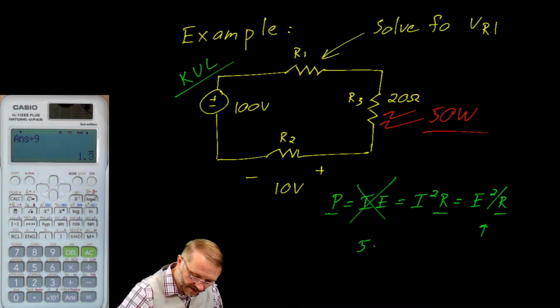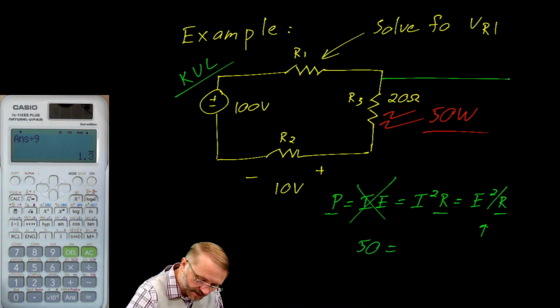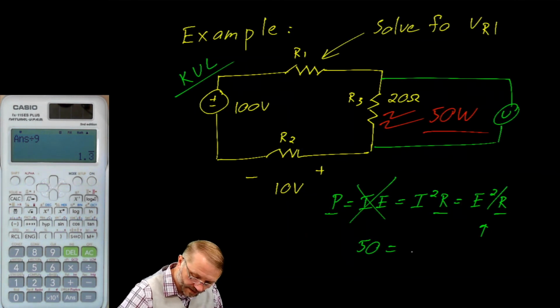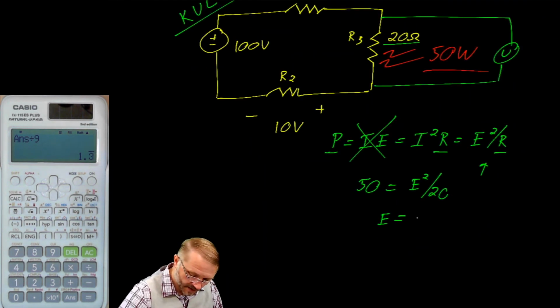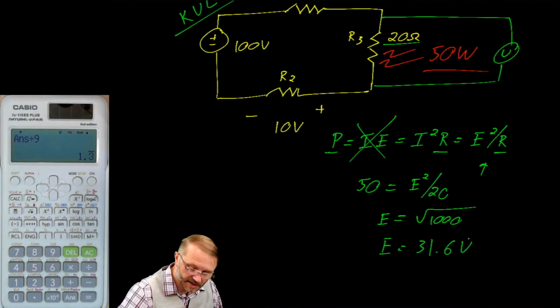The power is 50, equal to the voltage across R3, we'll call that E squared, over this 20 ohms. Solving for voltage, that is the square root of 1,000. So voltage in this case is equal to 31.6 volts.